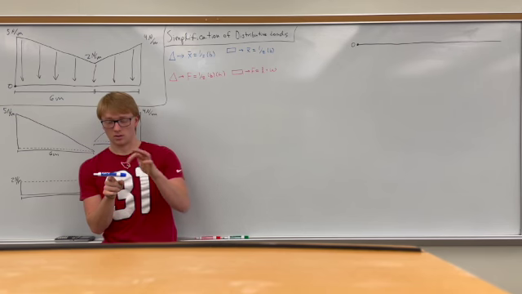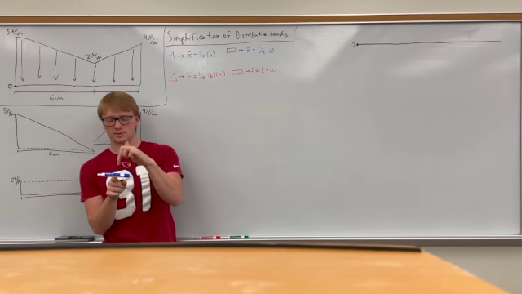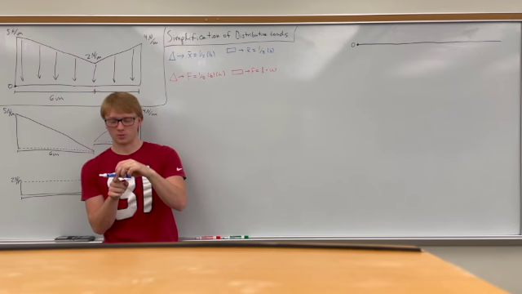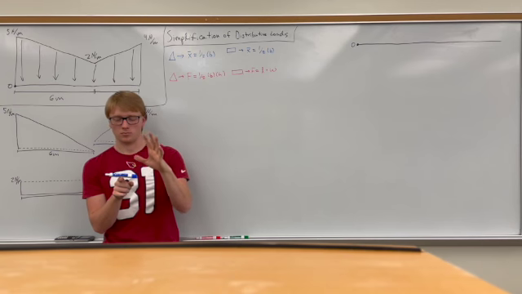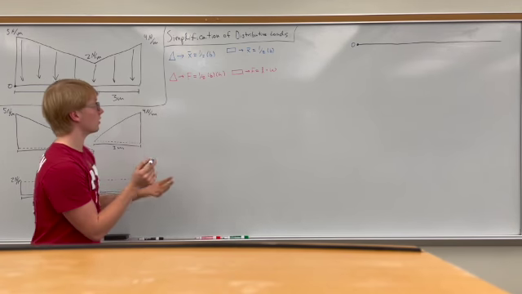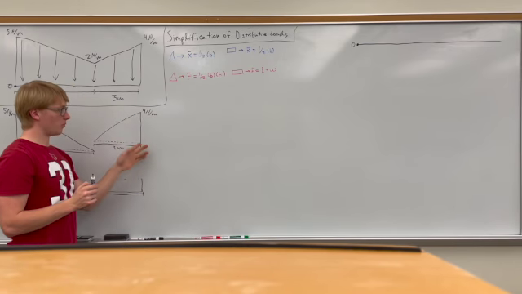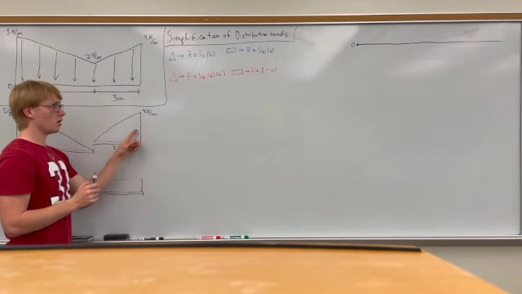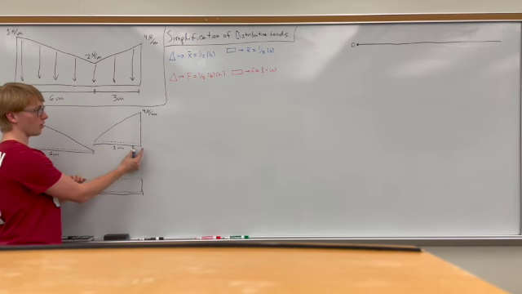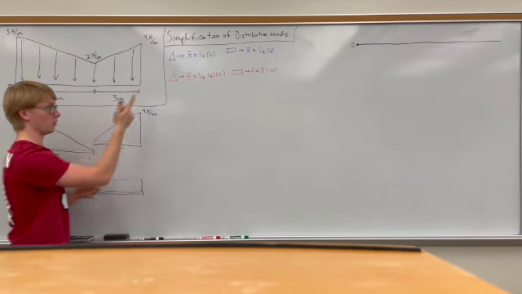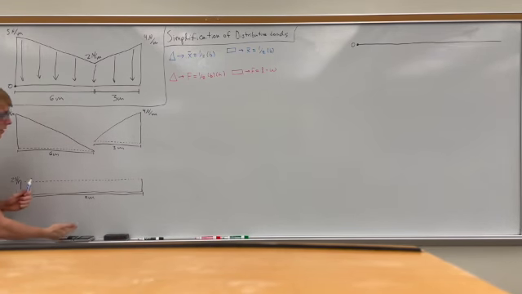Since it's a pretty symmetrical shape, it's fairly close to the middle. If this was a perfect rectangle, then it would be in the exact middle. But for a triangle, it's 1/3 of the base from the tall part. And for a rectangle, it's halfway down.